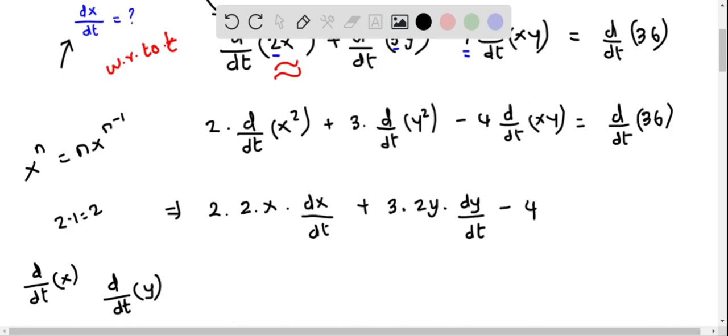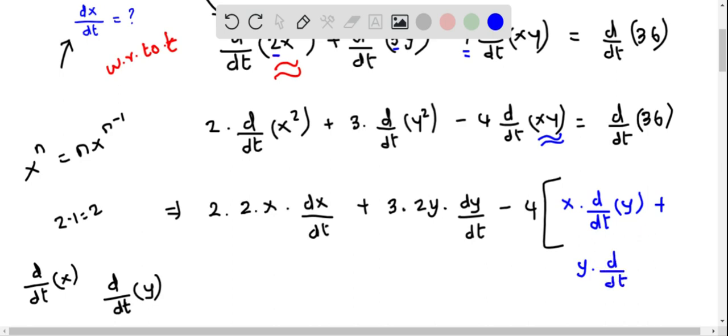Minus 4 times, here I apply the product rule because we have two terms as a product. First I consider x and find the derivative of y, that is d by dt of y, plus I keep y as constant and find the derivative of x. This is equal to the derivative of 36, which is a constant, so it is 0.